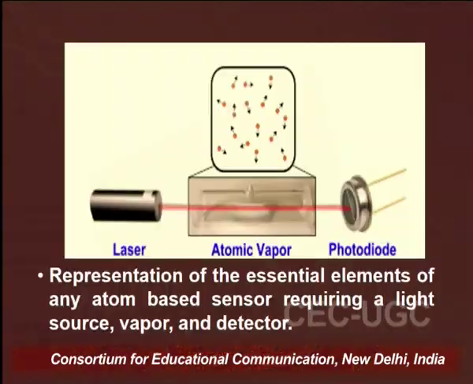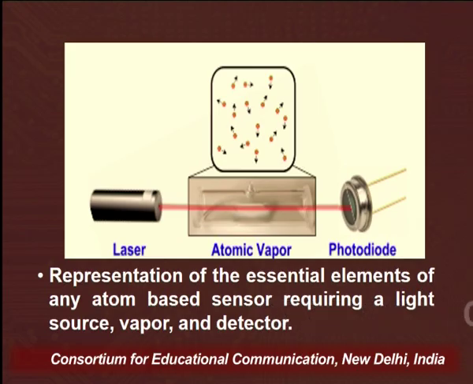You can see here the representation of the essential elements of an atom based sensor, which requires a light source, vapor and detector. On the left hand side a laser beam falls upon the cell. In between we have an atomic vapor, and on the right hand side we have a detector, which is a photodiode.